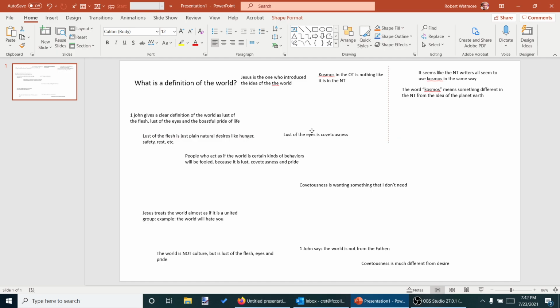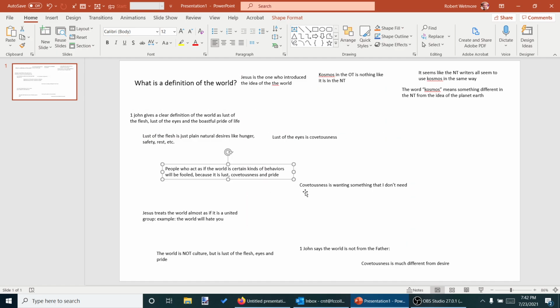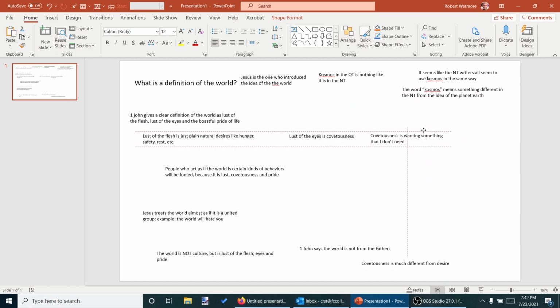This is definitely in the same thing. That's sort of related. This is related. These go together, I think. Don't these go together? Lust of the eyes is covetousness. Covetousness is, here's the definition of covetousness. That seems really important. All right. Lust of the flesh is just the natural desires. That's the first part. I don't have anything about pride in here, so I need to add one.